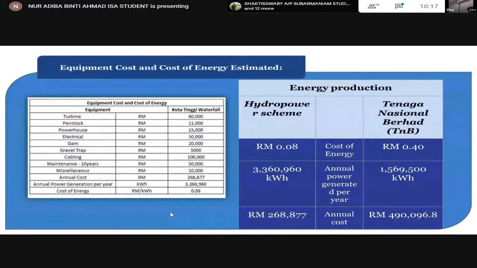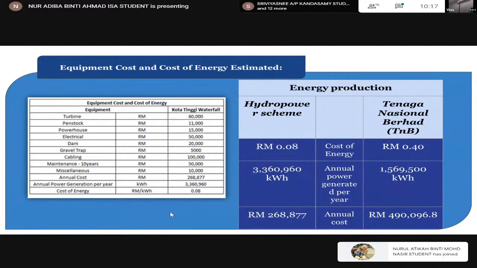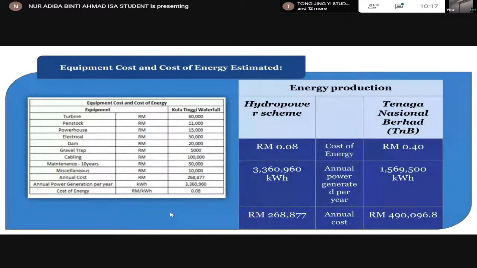Next, for equipment cost and the cost of energy estimated, we can see the cost and energy for our equipment, which is turbine, penstock, powerhouse, electrical dam, gravel trap, cabling, maintenance, miscellaneous, annual cost, annual power generation per year, and cost of energy.